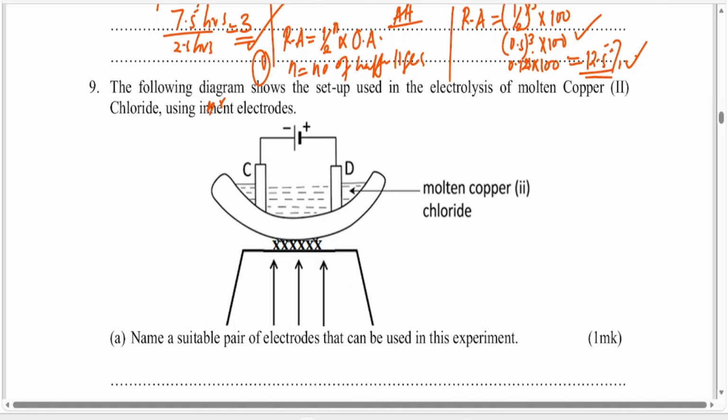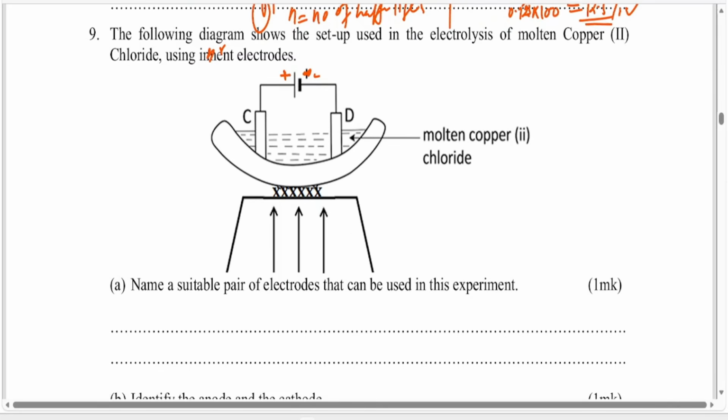You can look at it and notice a mistake, because we have the shorter terminal representing the anode, and the longer one representing the cathode. And we have been taught that the longer one should represent the anode and the shorter one should represent the cathode. So let's now dive into this question.